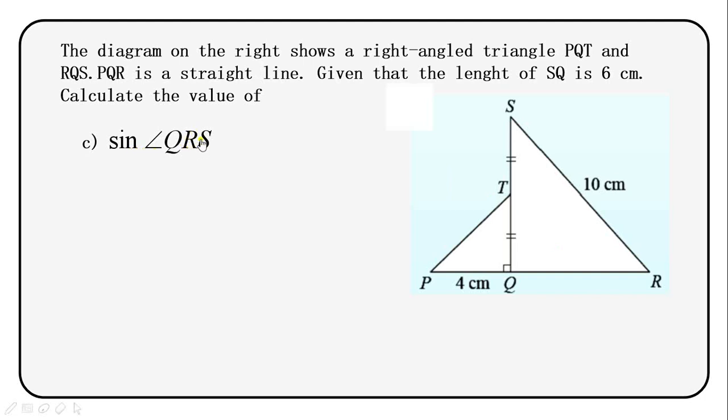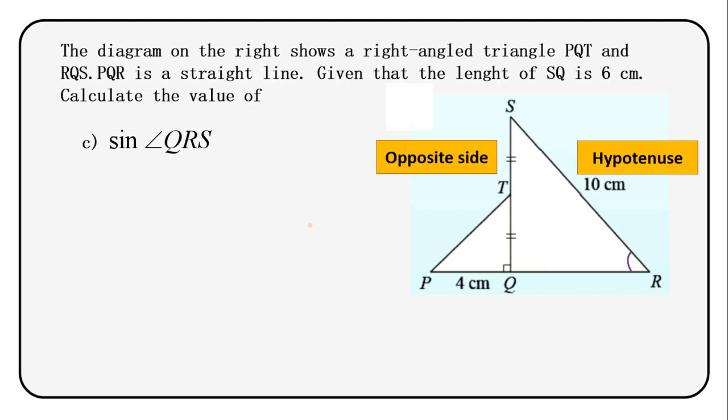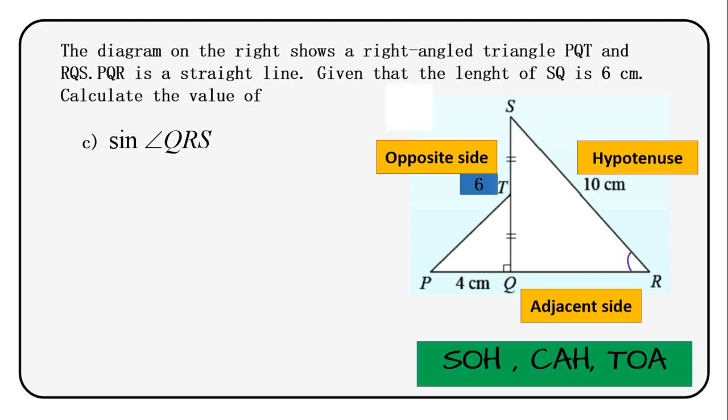So we refer to angle R here. Then we identify the hypotenuse, the opposite side and the adjacent side for angle R. Remember the formula. So sine equals opposite over hypotenuse. Opposite 6, hypotenuse 10. So 6 over 10. Simplify this to the simplest form, 3 over 5.